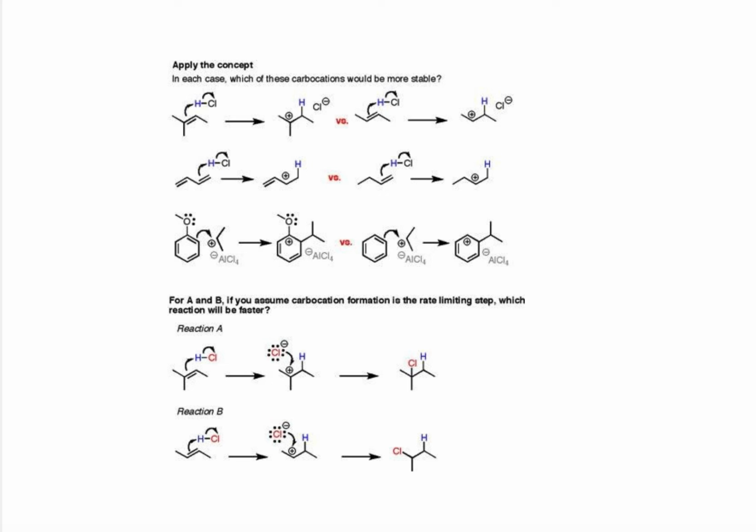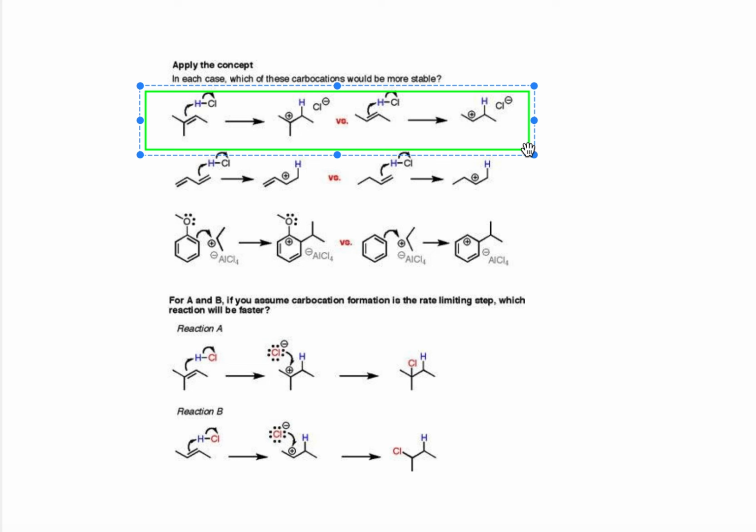If you look at the first row, we have 2-methyl-2-butene, which reacts with HCl to produce a tertiary carbocation, whereas in a similar structure with absence of the methyl group at position number 2, we have 2-butene, which again reacts with hydrochloric acid to produce a secondary carbocation.